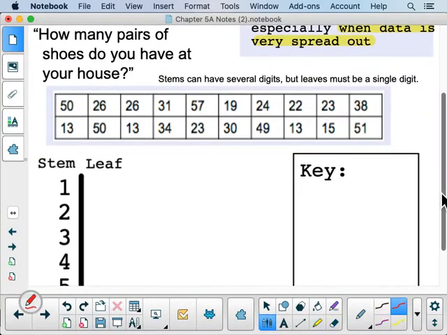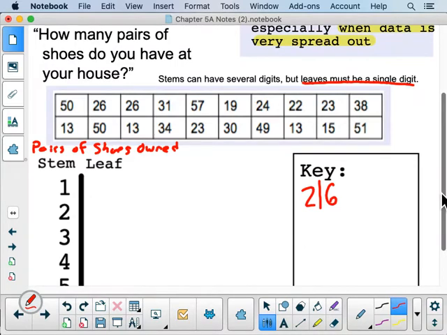All right, every graph this chapter will need titles, so this will just be pairs of shoes owned. Every stem plot needs a key, and that's what we'll look at to the right. Okay, stems can have several digits, but leaves must be a single digit. So we have to put an example, 2 and then 6, and what that would translate to.